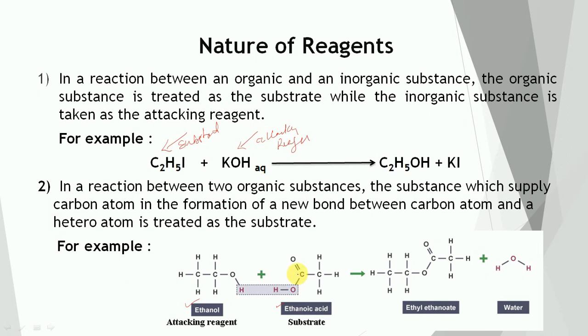In this case, the new bond will form between this carbon and this oxygen. So ethanoic acid supplies the carbon, so it is called the substrate, and this carbon is supplied to the heteroatom oxygen, so it is called the attacking reagent. So it is case number 2.